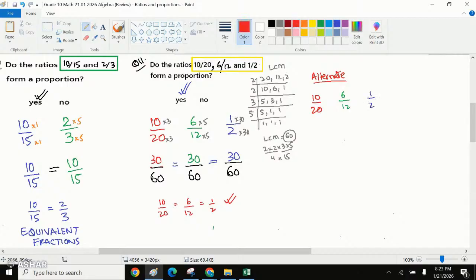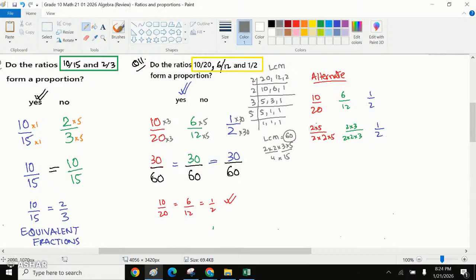Can I write 10 over 20 as 2 multiplied by 5 over 2 multiplied by 10? Right? 6 can be written as 2 multiplied by 3, whereas 12 can be written as 2 multiplied by 6, and 1 upon 2 can be written as 1 upon 2 only because it is already simplified.